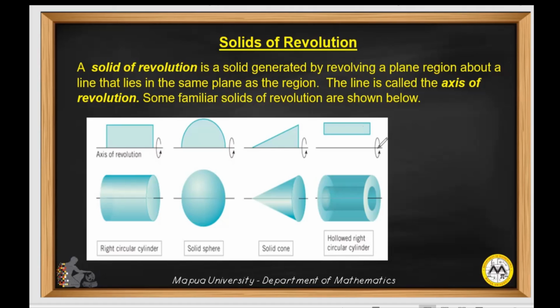If we are going to revolve this about the axis of revolution, which does not form part of the plane region, then it will form a hollowed right circular cylinder. The space between the lower part of the rectangle and the axis of revolution, when revolved about the x-axis, will form this hollow space.